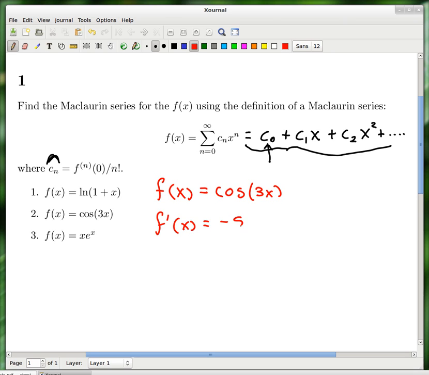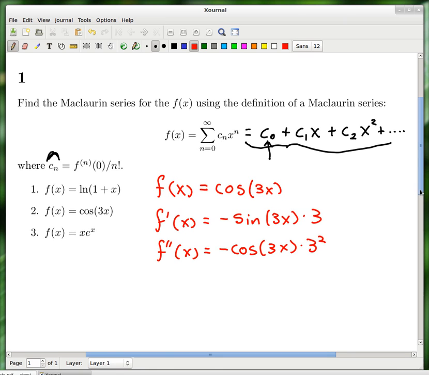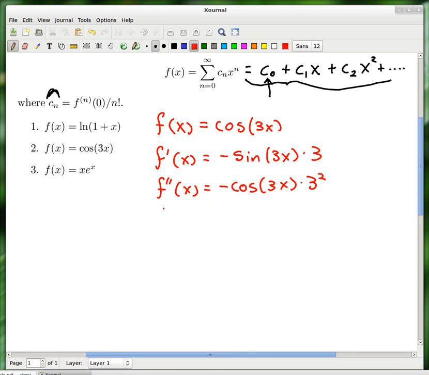Okay. And take the first derivative, and what is that? That's minus sine 3x, and then the chain rule spits out a 3. Now what happens when we take the second derivative? We get minus cosine 3x, and then it spits out another 3, so now I have 3 squared. Alright, and let's keep going.